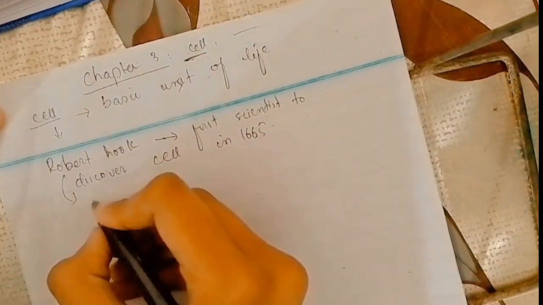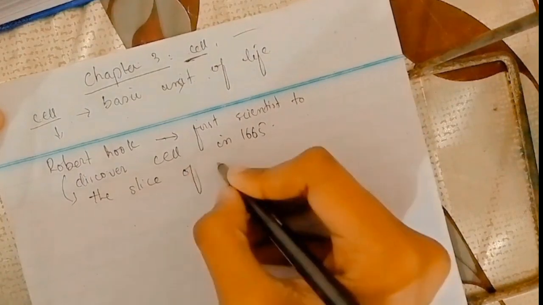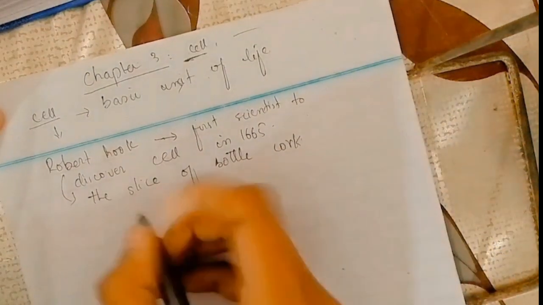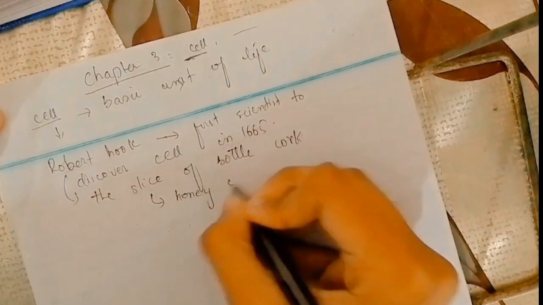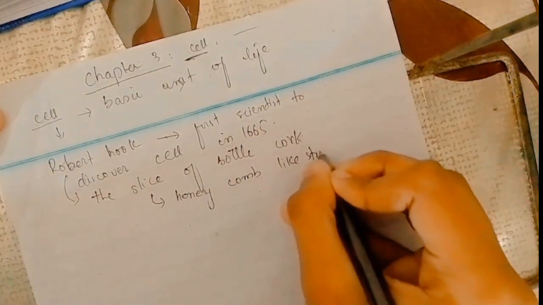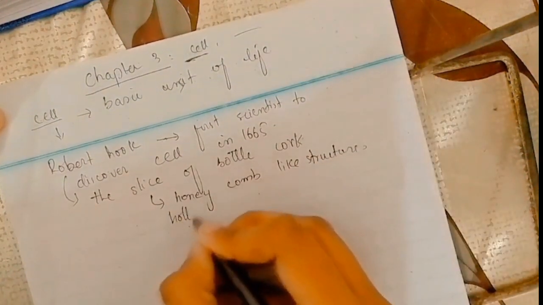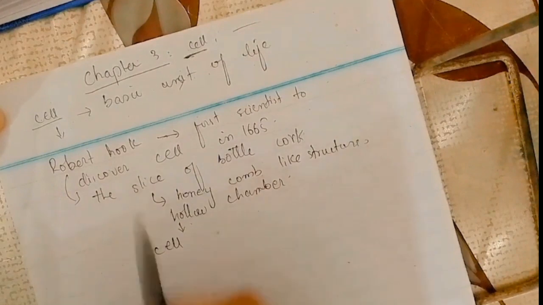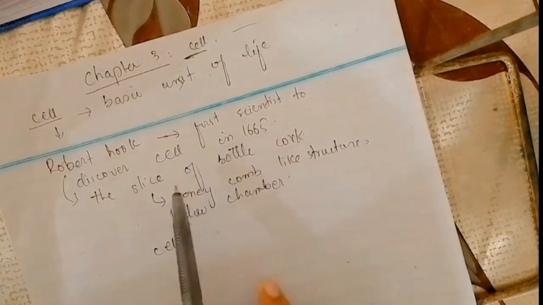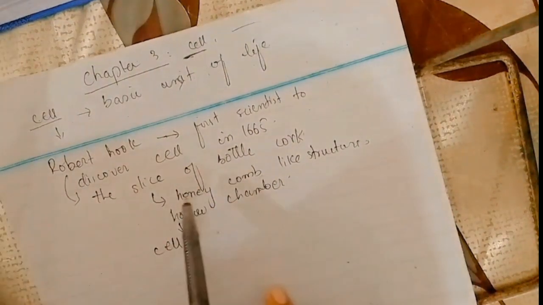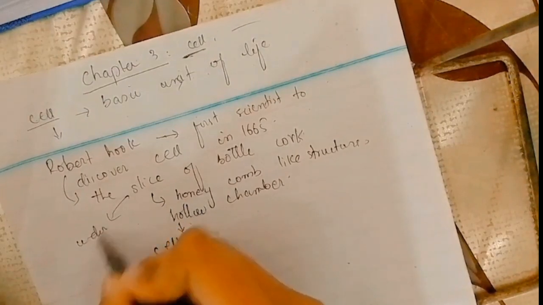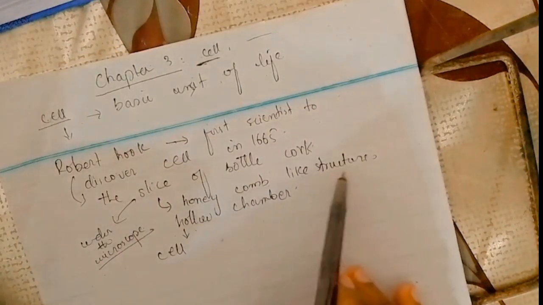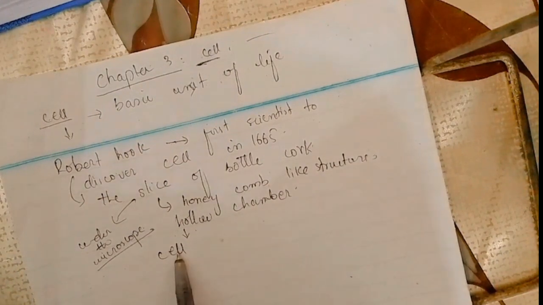What he did was cut a slice of bottle cork and examine it under the microscope. Then he saw a honeycomb-like structure or a hollow chamber, and he gave it the name cell.